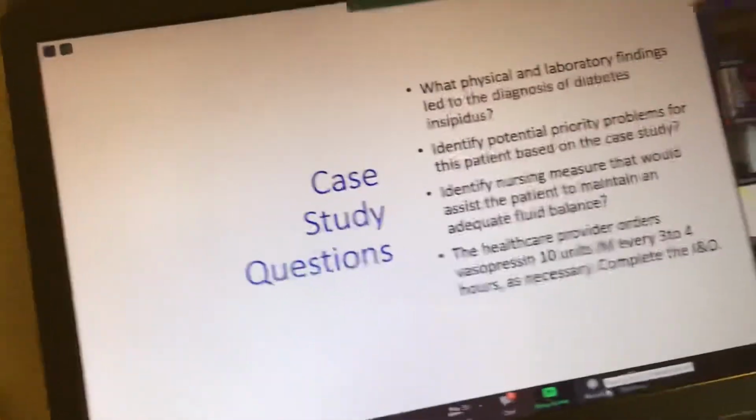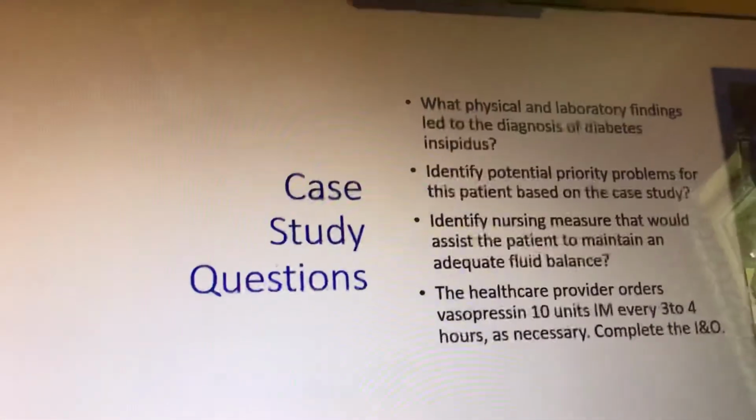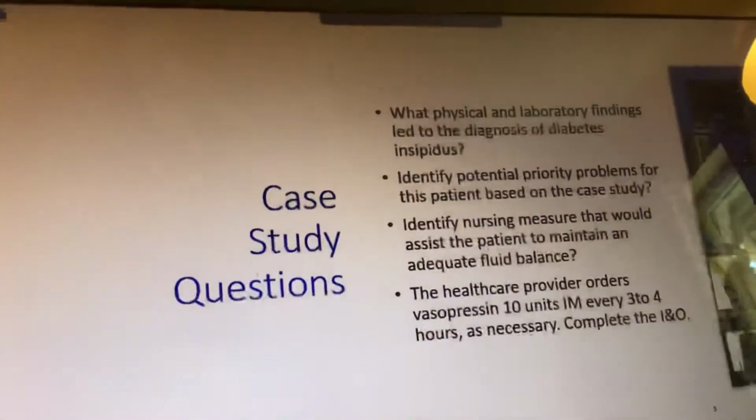D5W I don't talk about so much, but D5W is a hypertonic solution once it enters the body. It's not necessarily hypotonic when it's on the shelf. And the reason I don't talk much about it is because if you give somebody a copious amount of D5W, you're going to have to do antidiuretics.